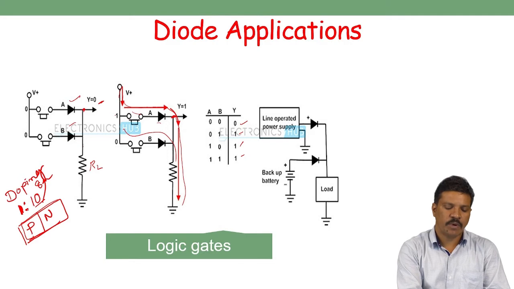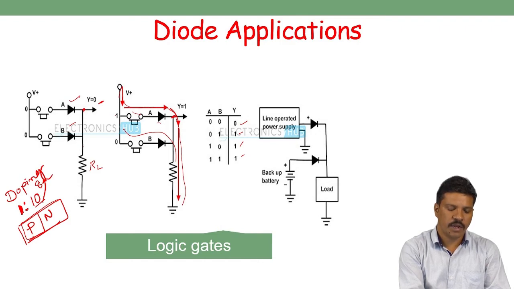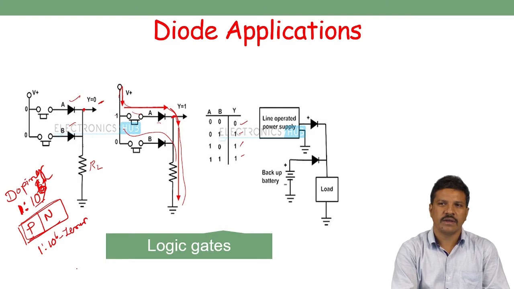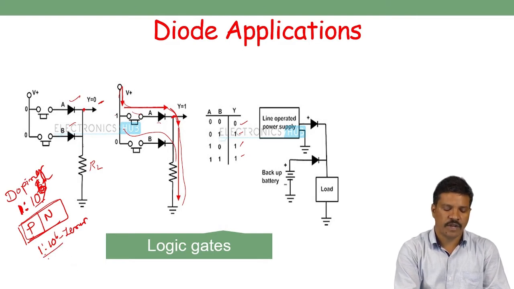So, for example, if we take this 10 power 8 to 10 power 6, when we use 10 power 6, that is 1 to 10 power 6, it is for the Zener diode, both the Zener diode for germanium and the Zener diode for silicon. So this kind of ratio can be used in the Zener diode.